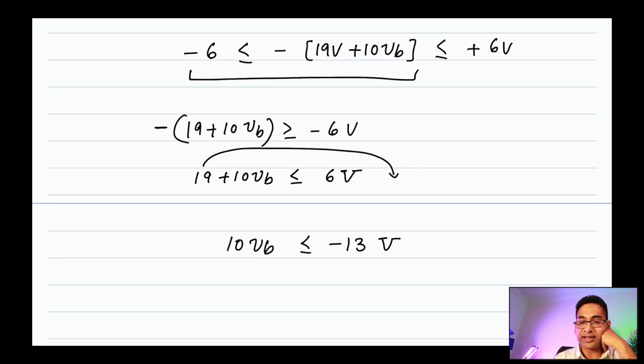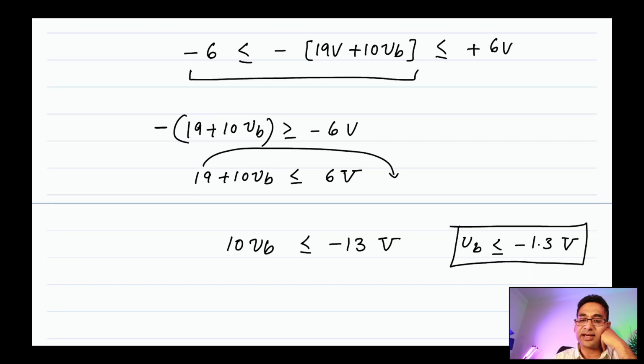It will tell you that VB should be less than or equals to negative 1.3 volts. Okay, that is one bound.